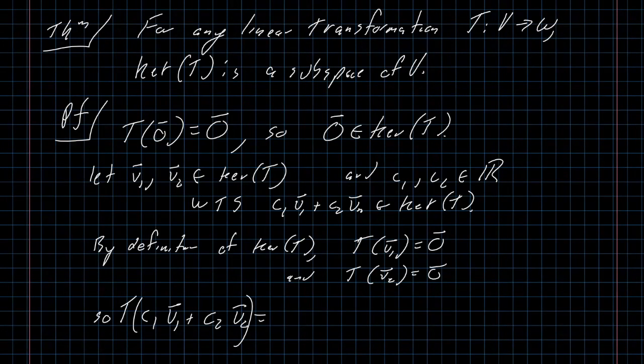So the transformation T acting on this linear combination, C1V1 plus C2V2, we can use the fact that T is linear to split it up. This is the way we're used to dealing with that. C1 times T of V1 plus C2 times T of V2. Right? T is a linear transformation, which means we're allowed to do that.